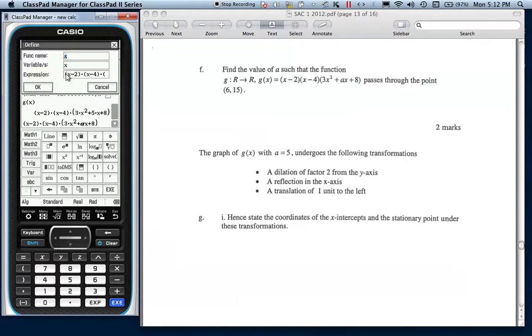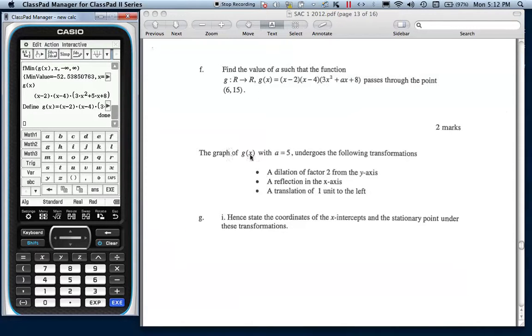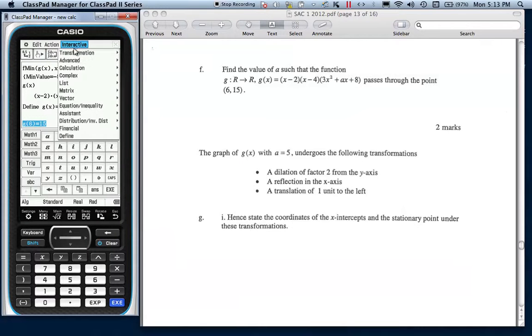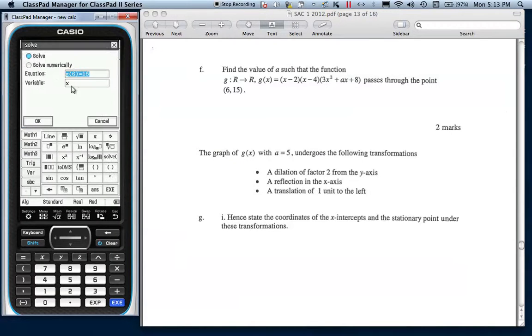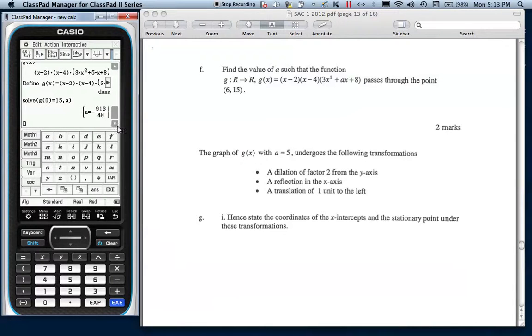I may as well just define this as g, as it says in the example. And I want to find out what the value of a is when x is 6 and y is 15. So it's really like saying g of 6 equals 15, but what's a when that happens? And so I want to solve that with respect to a, and I get minus 913 over 48, which is the answer to F.